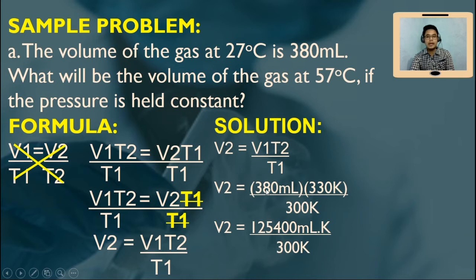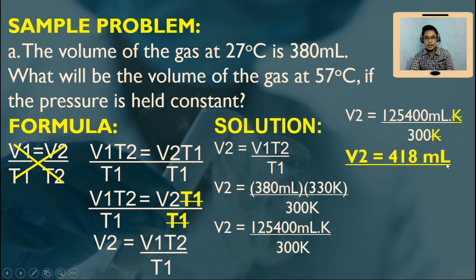So multiplied lang natin 380 multiplied by 330, so it will give you the answer 125,400 milliliters Kelvin. Tapos divide lang natin yan sa 300 and it will give you the answer 418 milliliters. Okay, and therefore our final volume is 418 milliliters.